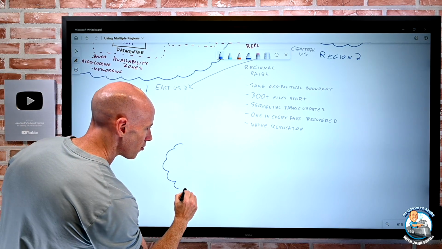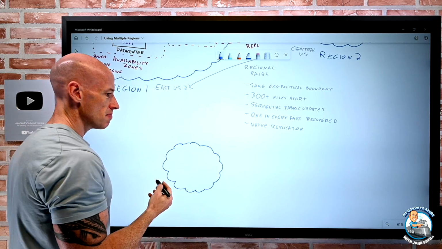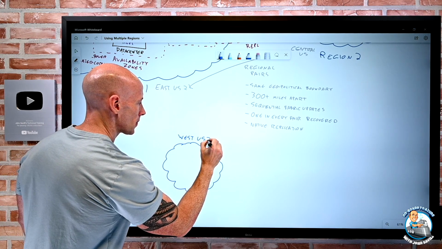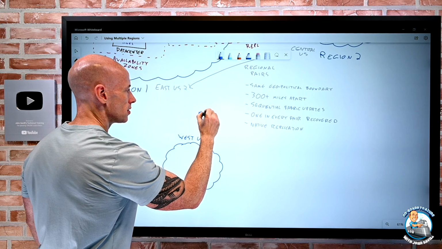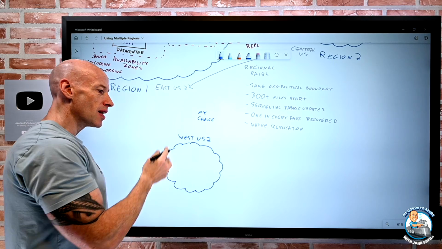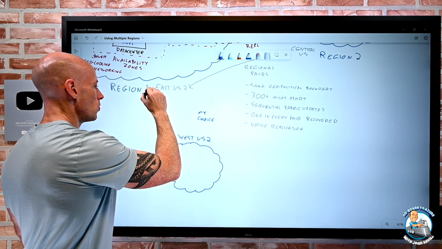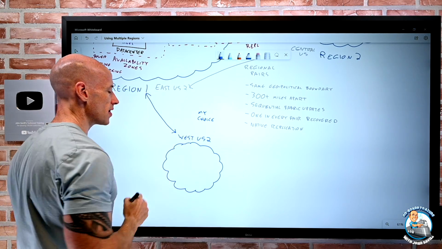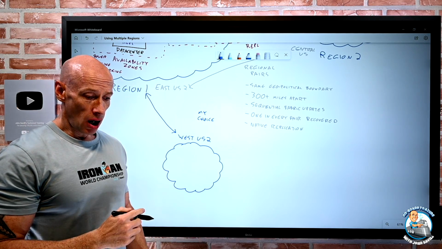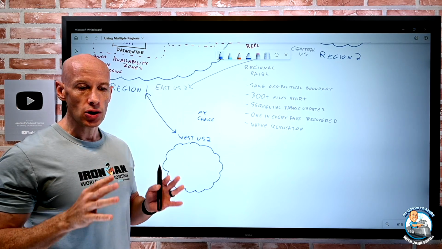So there's another region here. Maybe we'll say this is West US 2. And this is just my choice. I want to use a region other than the paired one. So I want to use these two. Totally can. I can use any region I want.